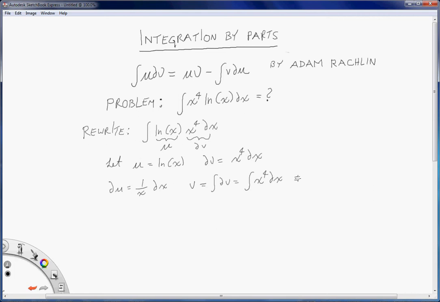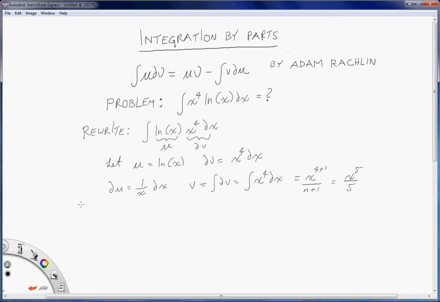If you remember, the integral of x to the n is x to the n plus 1 over n plus 1. So this becomes x to the fifth over 5.